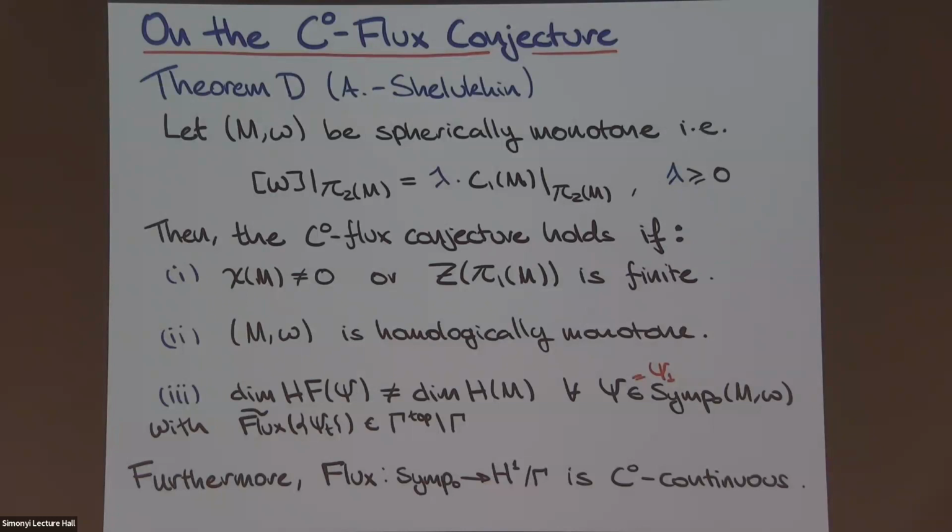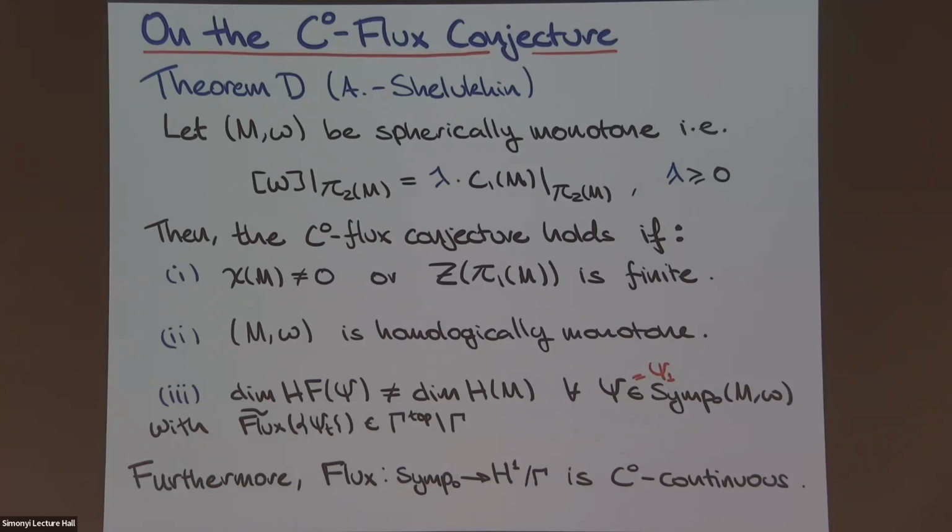So if we're spherically monotone and you satisfy either of these conditions here, the C0 flux conjecture holds. So for example, if Euler characteristic is non-zero and you're spherically monotone, the C0 flux conjecture holds. If the fundamental group has finite center, then the C0 flux conjecture holds.